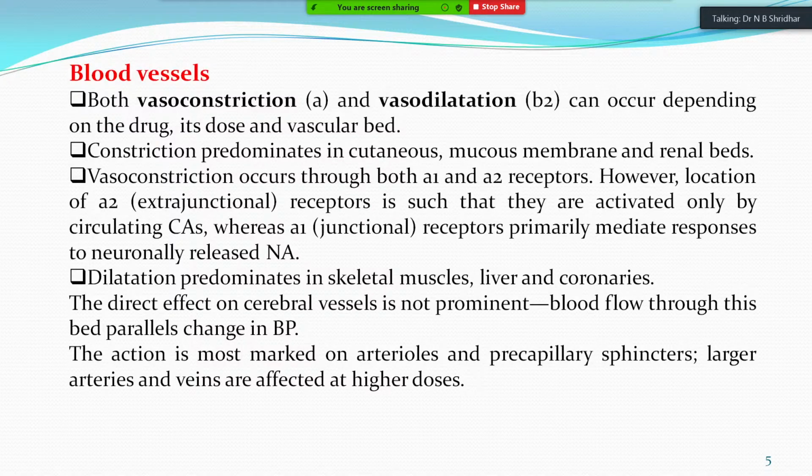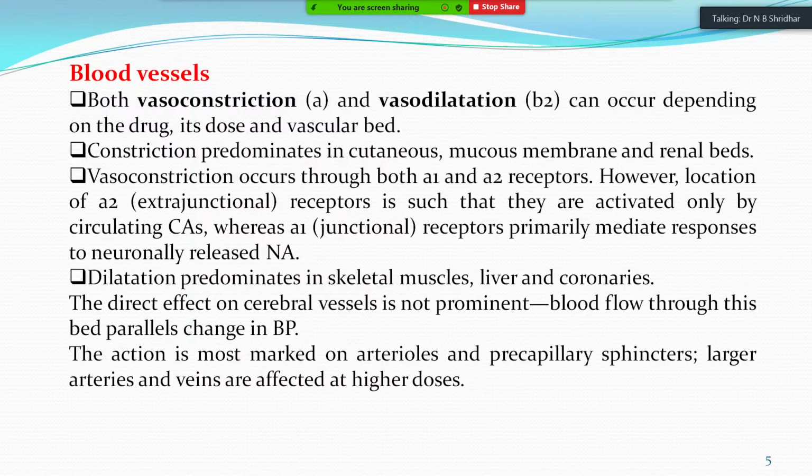The direct effect on cerebral vessels is not prominent, and blood flow through this bed changes with the blood pressure. It is a beauty of the body how it conserves energy and restricts and controls the blood supply to the different organs during the fight or flight reflex.